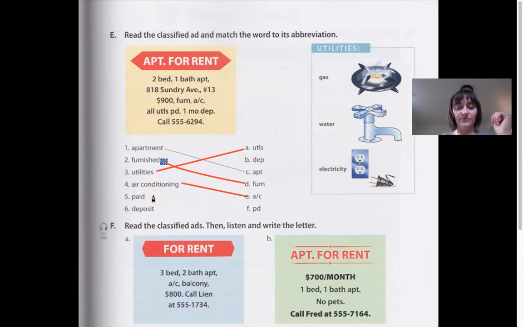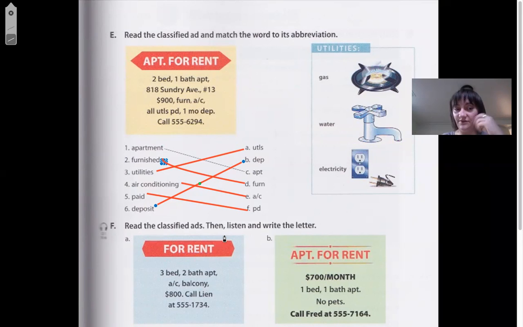So paid abbreviated is PD. The next one is deposit. Deposit is DEP. So you'll see the abbreviations, the shortened words, are either the first few letters of the word, or it picks some of the letters and puts them together, right?